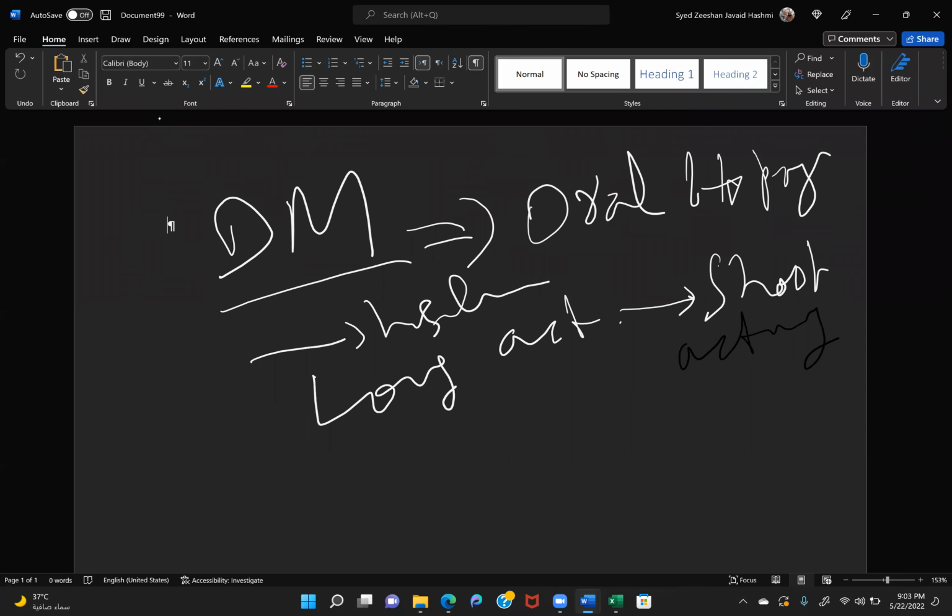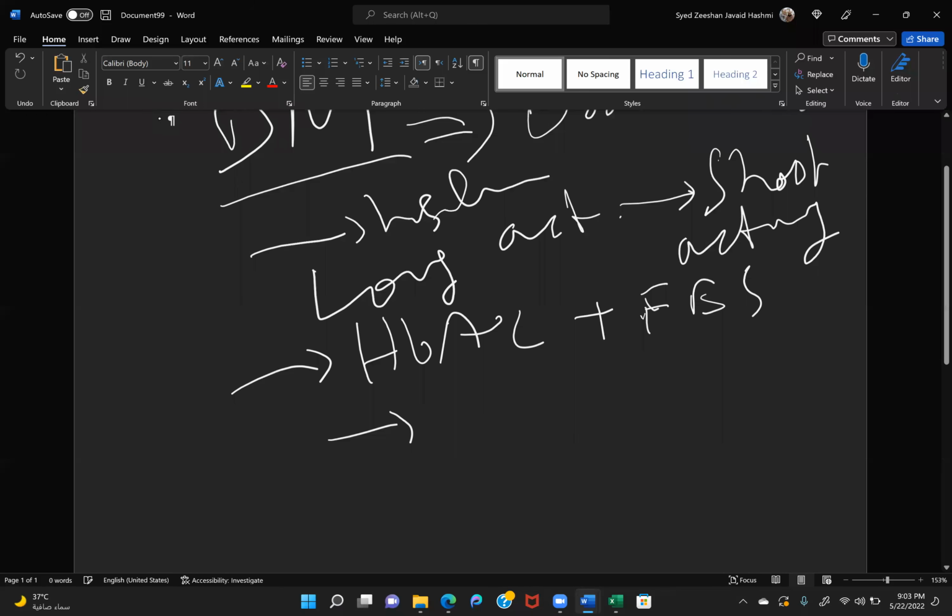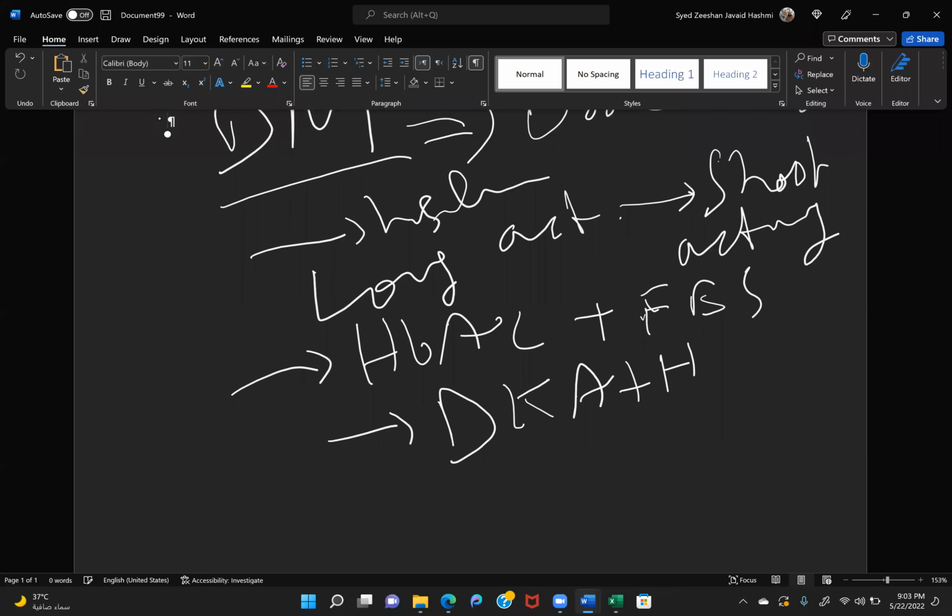Then you will have control of hemoglobin A1C or fasting blood sugar levels. And again you will be expecting three things: DKA, hyperosmolar non-ketotic diabetic coma, or hypoglycemia.